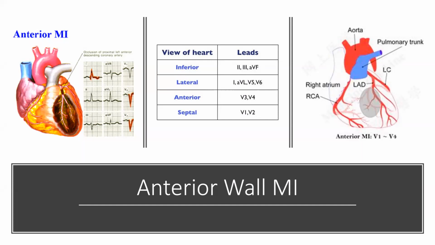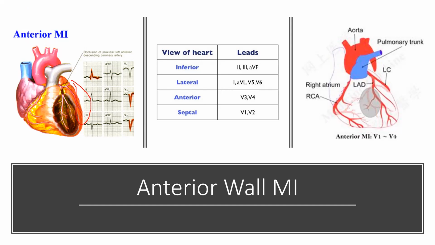It commonly occurs in association with infarction of the septum. It also is going to accompany the lateral wall or both, because as you could see, its proximity to the lateral wall as well. The leads that represent the anterior wall, however, are leads V3 and V4.